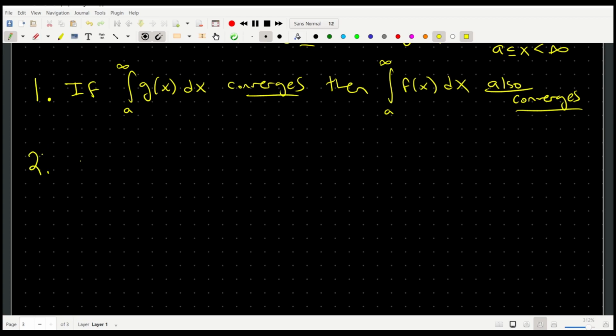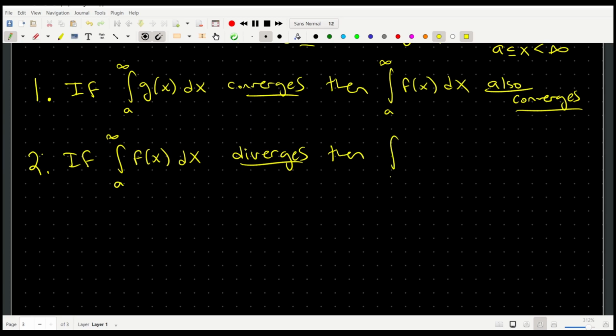And likewise, if the improper integral from a to infinity of f of x diverges, then the integral from a to infinity of g of x must also diverge.